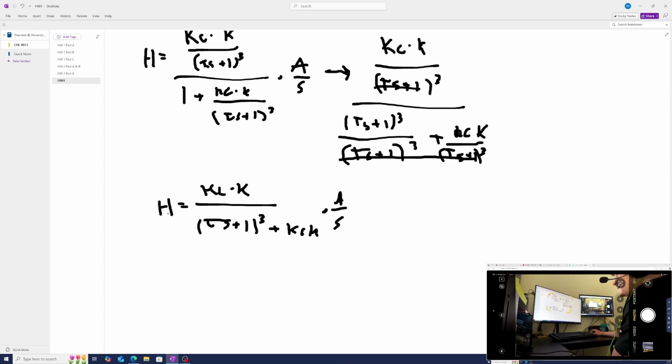Now what we can do is multiply our tau S plus 1 all the way out.